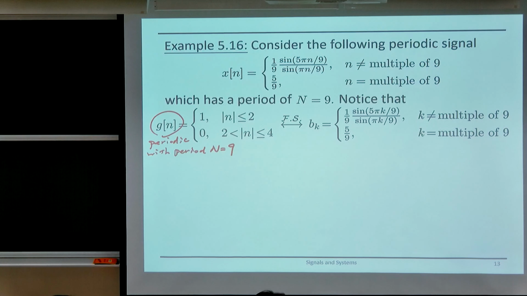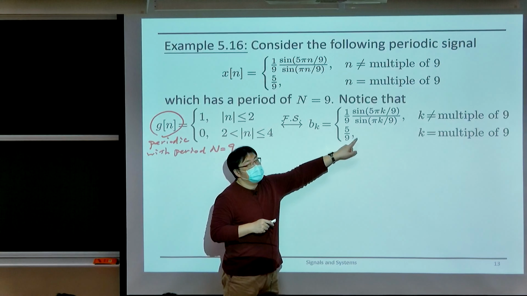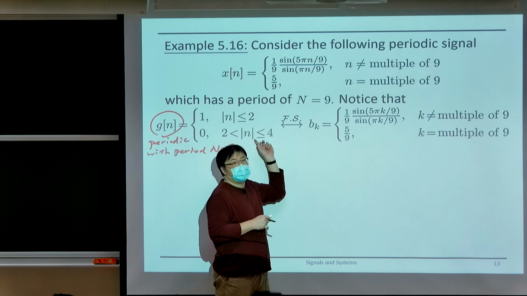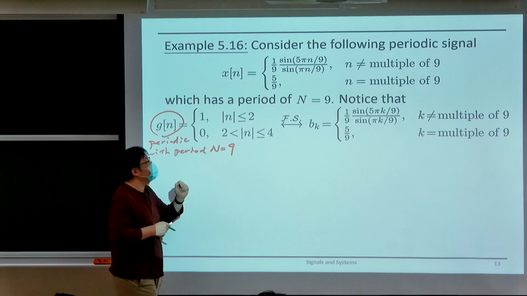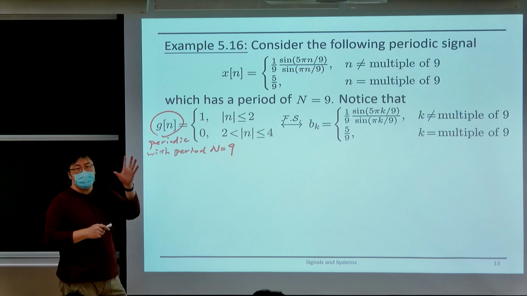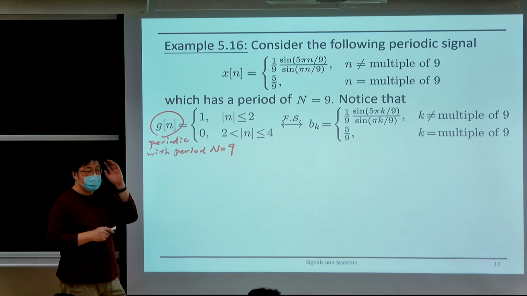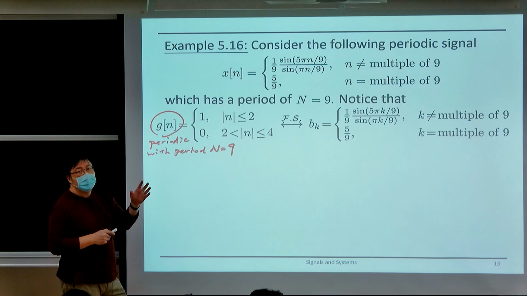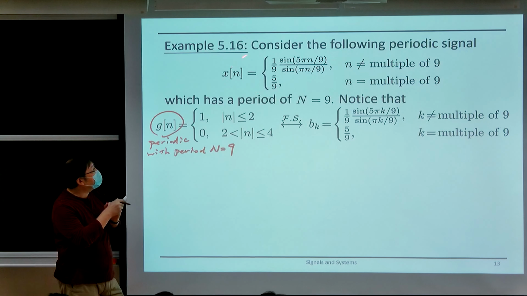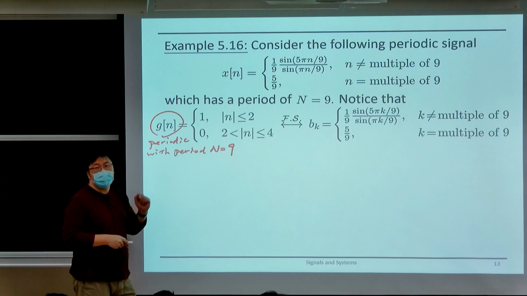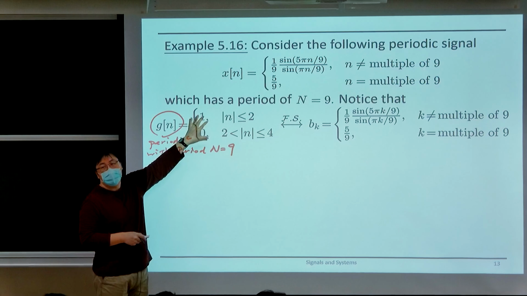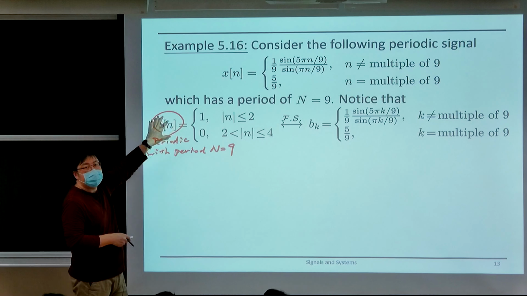Now you're asked to find the Fourier series of this periodic signal x[n] that looks the same as the Fourier series of this signal g[n]. Okay? So by duality, right, your intuition tells you that the Fourier series of x[n] should take on this rectangular shape similar to g[n].